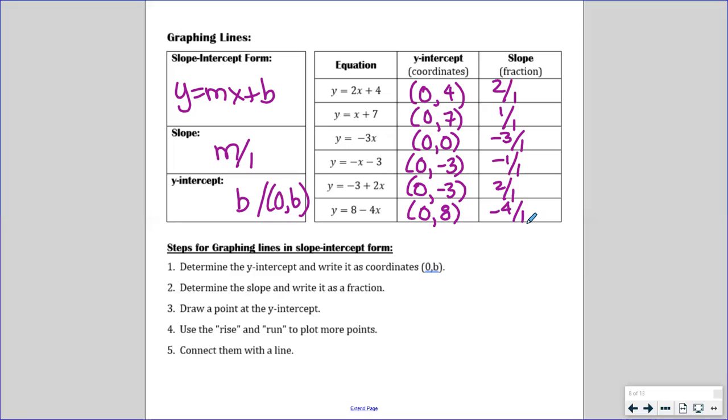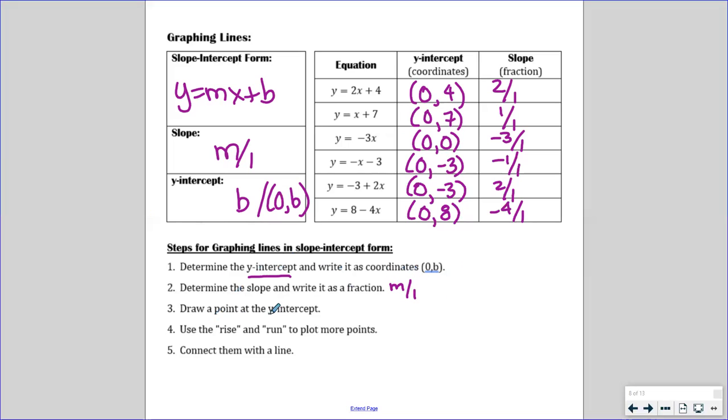Not too bad. All right, so steps for graphing lines in slope-intercept form. You have to determine the y-intercept and write it as a coordinate, 0 and b, meaning whatever that intercept value is. And then determine the slope and write it as a fraction. So you would have m over 1, whatever m is.